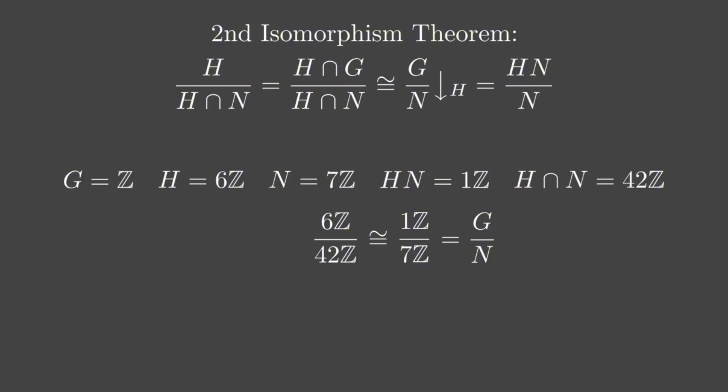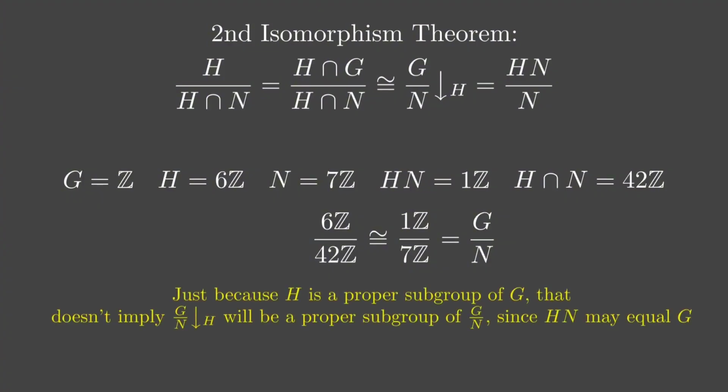This is why I've been a bit careful in this video and tried to say restriction by and not restriction to whenever I can, lest I imply speciously that restriction by a proper subgroup of G would lead to a proper subgroup of the quotient group.